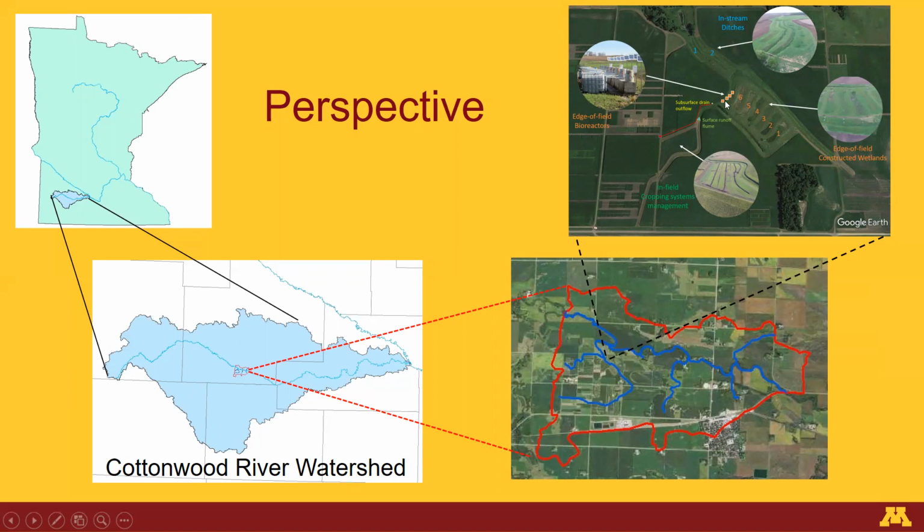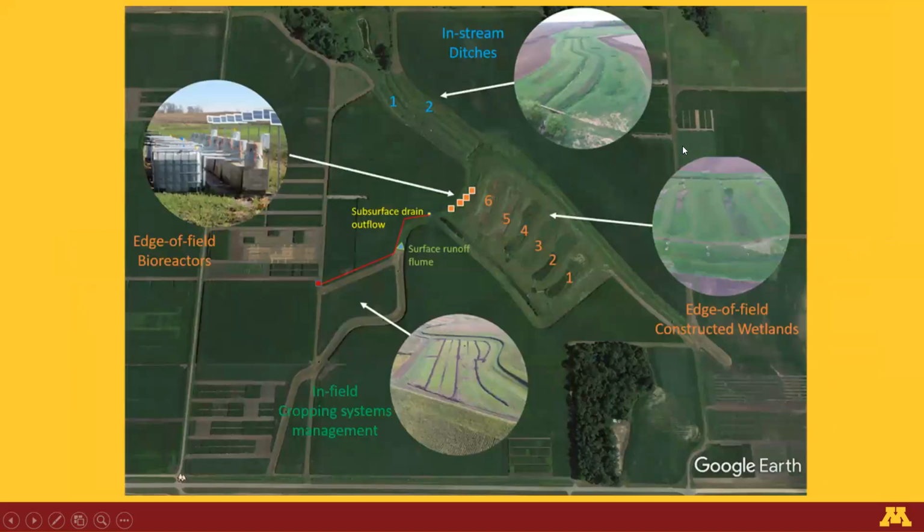And this upper picture here is an inset of the actual details of the site. So the details of that site represent a beyond the field in-stream ditch practice that we have. It also involves edge of field constructed wetlands.